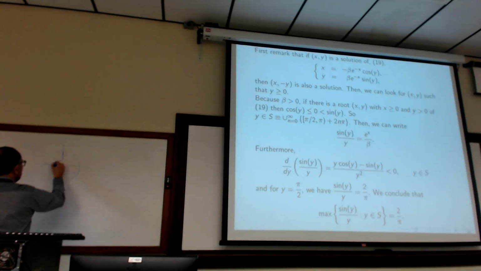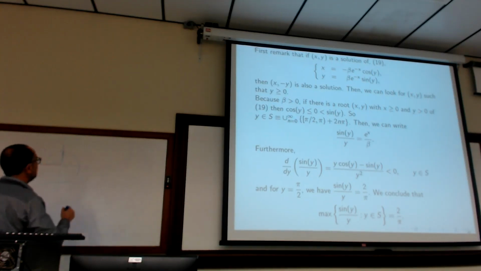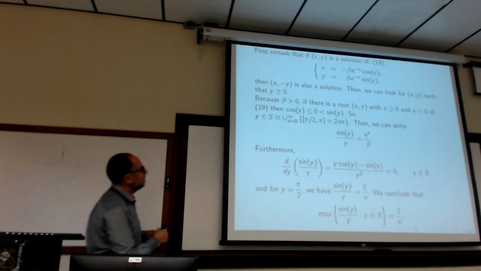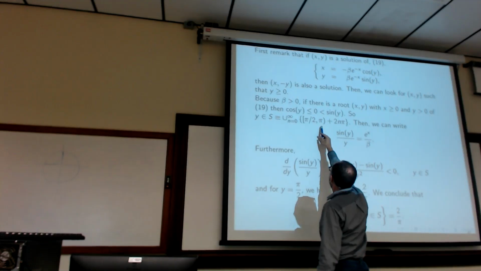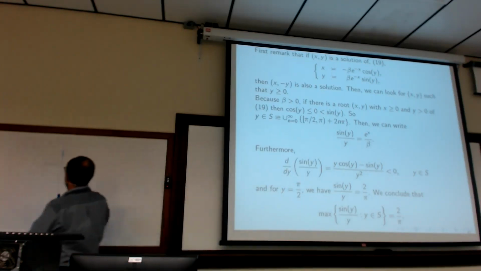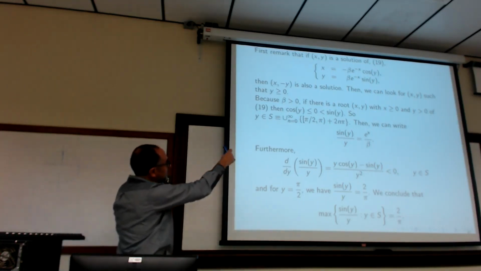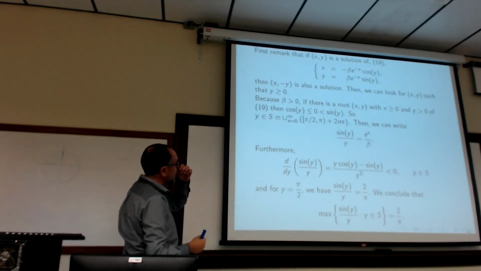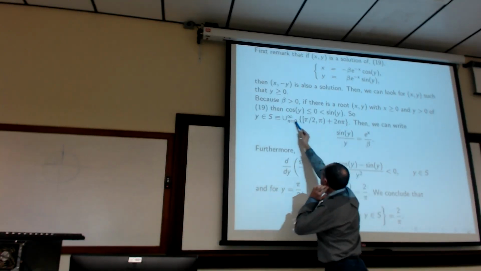Then you are here, and as sine of y is strictly positive, you will not take this, and that means you will stay between pi over 2 and pi, but don't take pi because sine will be 0. With the periodicity we will be here, and periodicity comes back to the same. Because sine positive and cosine negative, the solution will be in this space.